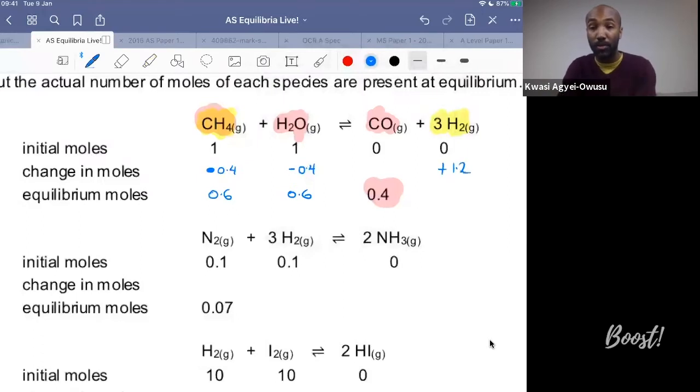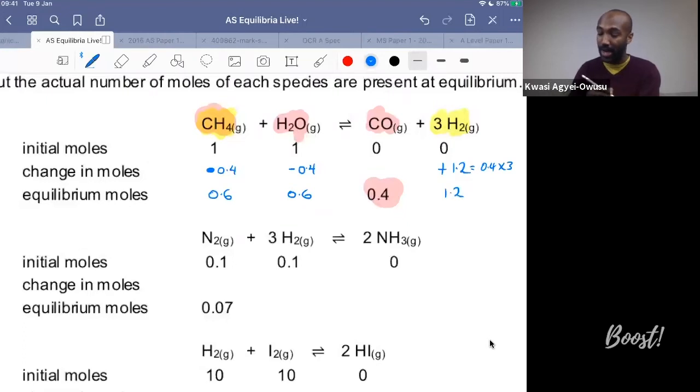How did we get plus 1.2? By multiplying 0.4 by 3, which is the number of moles of methane used by the molar ratio 1 to 3. So 1 mole of methane giving you 3 moles of hydrogen. So that's the change in the number of moles, and therefore at equilibrium we would expect to have 1.2 moles of our hydrogen.